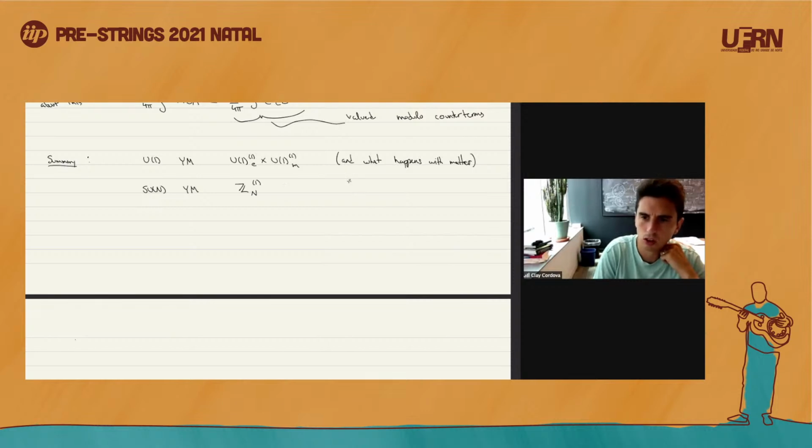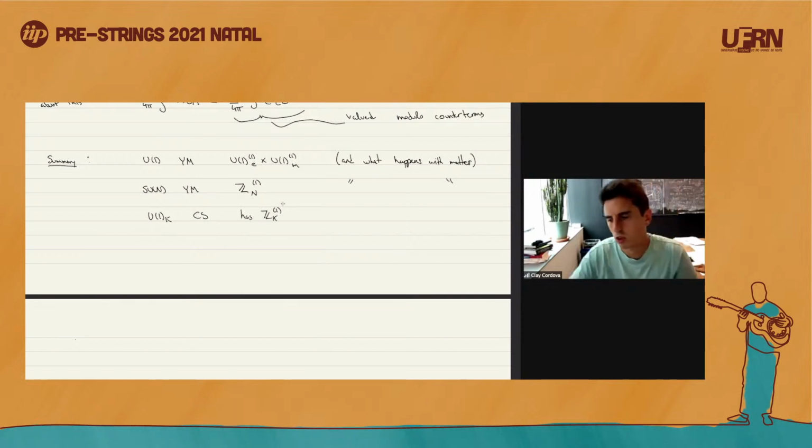So what happens with matter? We also saw this is related to confinement. So that was about gauge theories without Chern-Simons terms. And then finally we saw that U(1) level k, this has Chern-Simons, has Z_k one-form symmetry. So what I'm teaching you here is that one-form symmetry is ubiquitous in gauge theory.